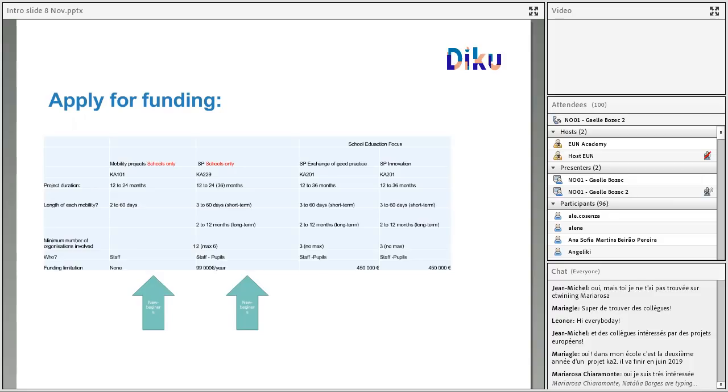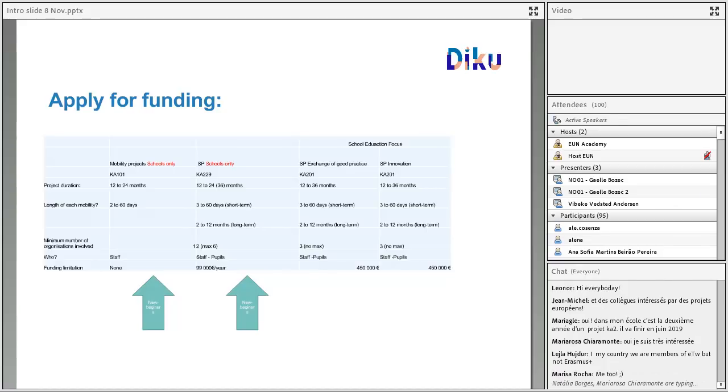So here it might be a bit small. I hope that everybody can see it, and I hope the School Education Gateway will make my presentation available, because I hope it will help. Here I've listed which kind of application or which kind of funding you can get.